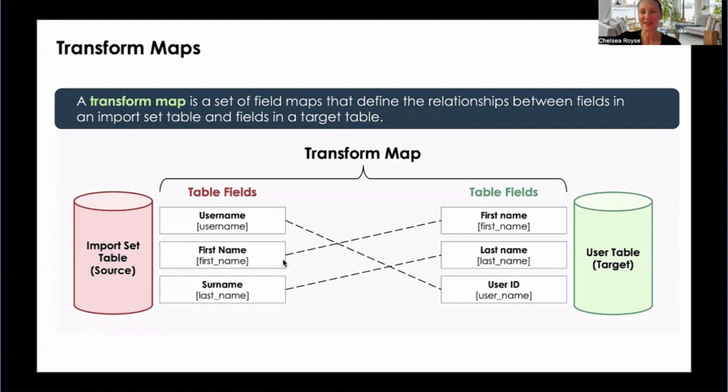That's an example of utilizing a transform map. The definition of it is a set of field maps that define the relationship between fields in an import set and fields in a target table. So you have an import set table, and then you have a target table, and that is the transform map that helps to import these.